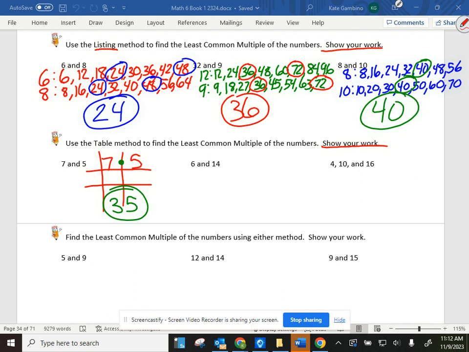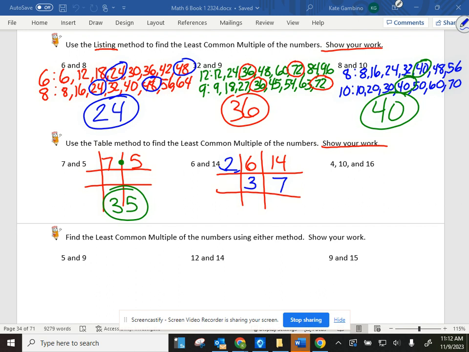So let's look at 6 and 14. Can I take out a prime of 6 and 14? Callie, 2. I can take a 2 out. 6 divided by 2 is 3. 14 divided by 2 is 7. Can I take out any primes from 3 and 7? No. So finding the greatest common factor, I said, oh, it was the 2.